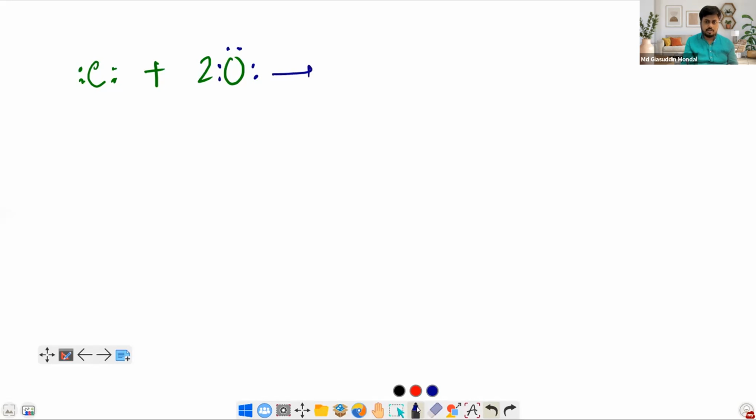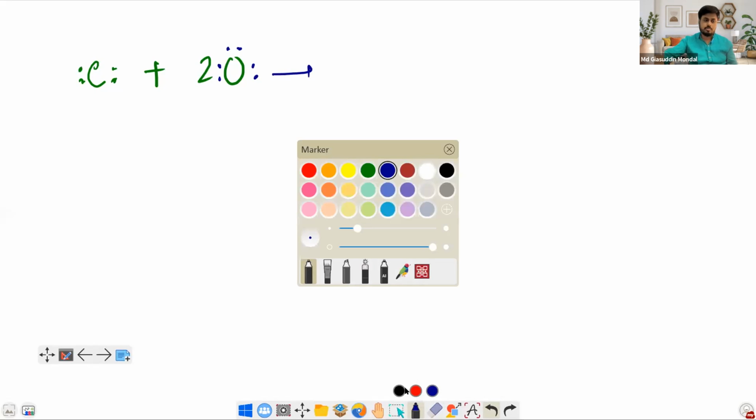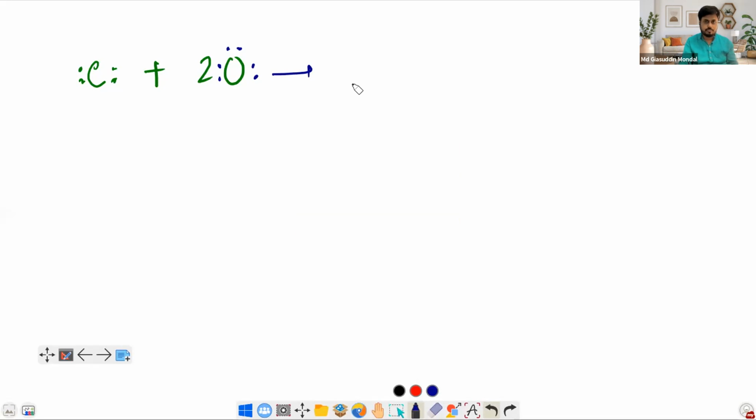So now we can write it down in this way. Sir, I think it will form a double bond. Yes, thank you. So 1, 2, 3, 4, and 5, 6 is here. 1, 2, 3, 4. The same way we can write it here.